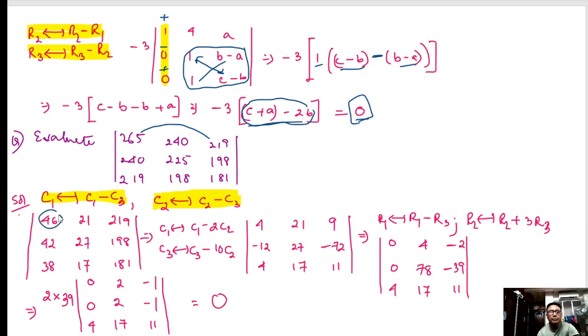Similarly, 240 minus 198, and we keep it in C1. Similarly, 219 minus 181, and we keep it in C1.